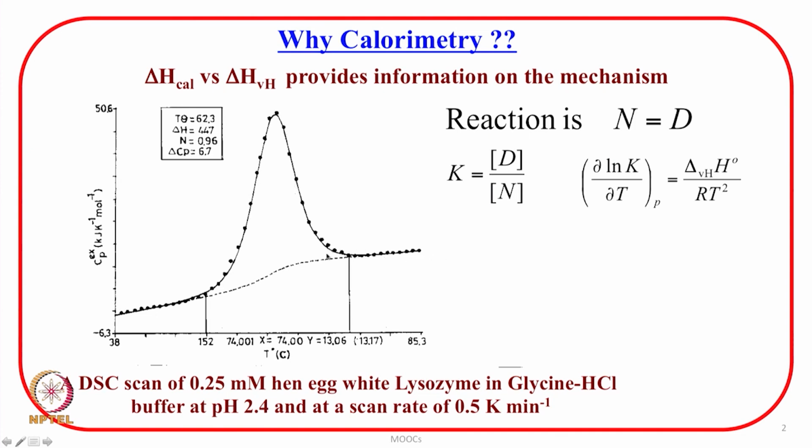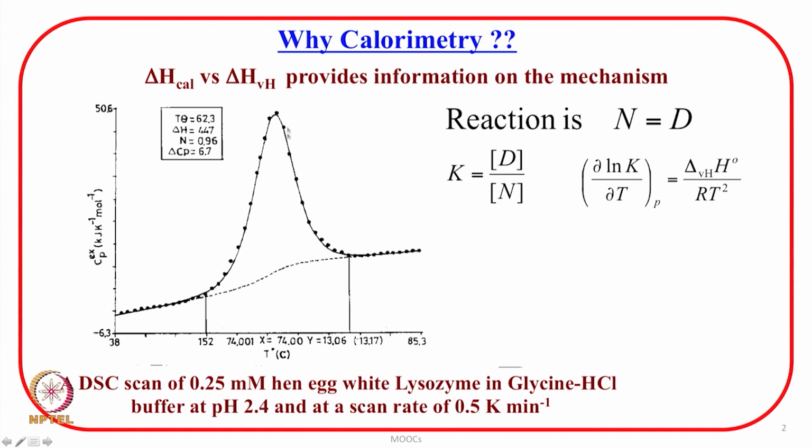Do not go post complete transition, because many times at higher temperature, because the hydrophobic groups are exposed, there could be an onset of higher order associations. In order to avoid that, one should heat only up to 90% completion, cool it back and reheat at the same scan rate. I repeat, you heat up to 90% completion in the first scan, cool it back and then reheat.